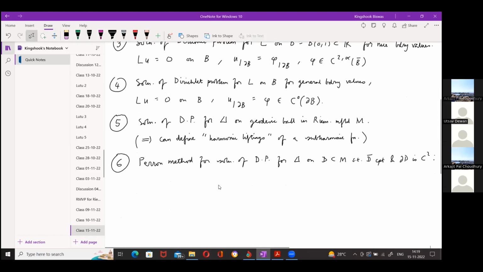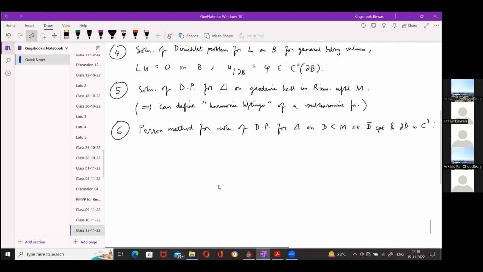So in this solution by the Perron method, there were two main steps.